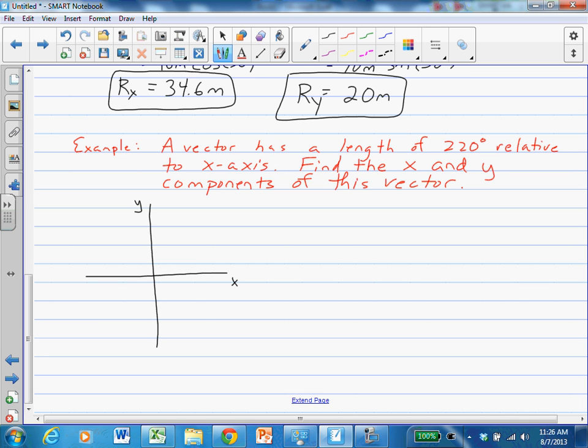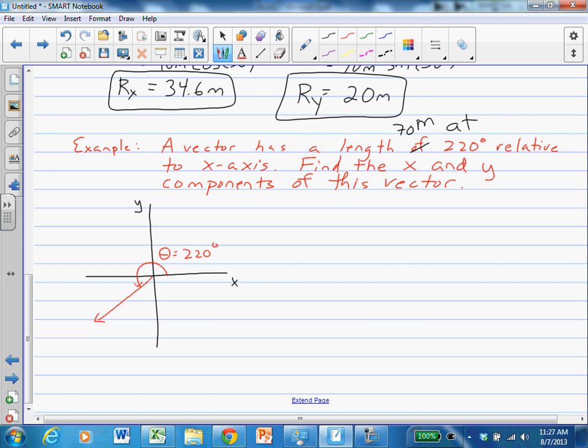That being theta equals 220 degrees. And I'm sorry, I left off a little piece. It was a length of 70 meters at 220 degrees relative to the x-axis. Sorry about that. Writing and not thinking.